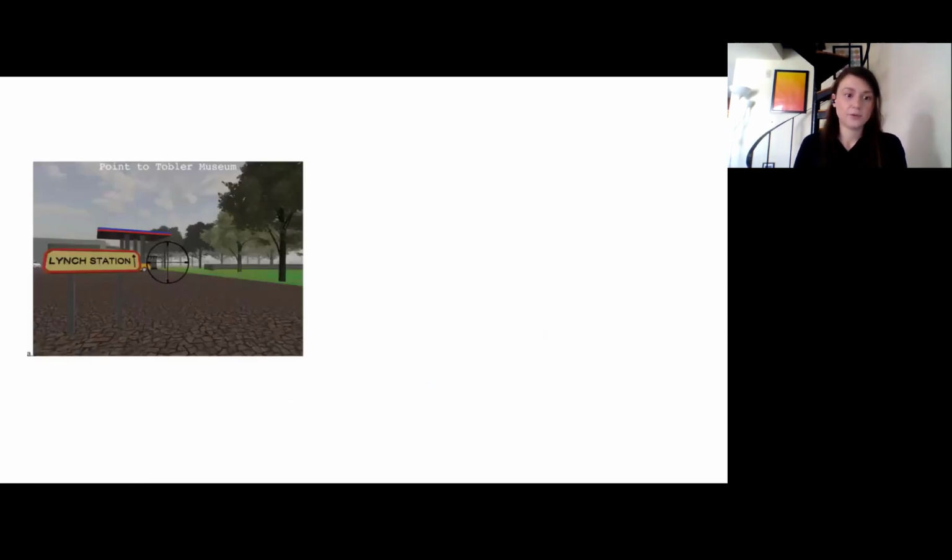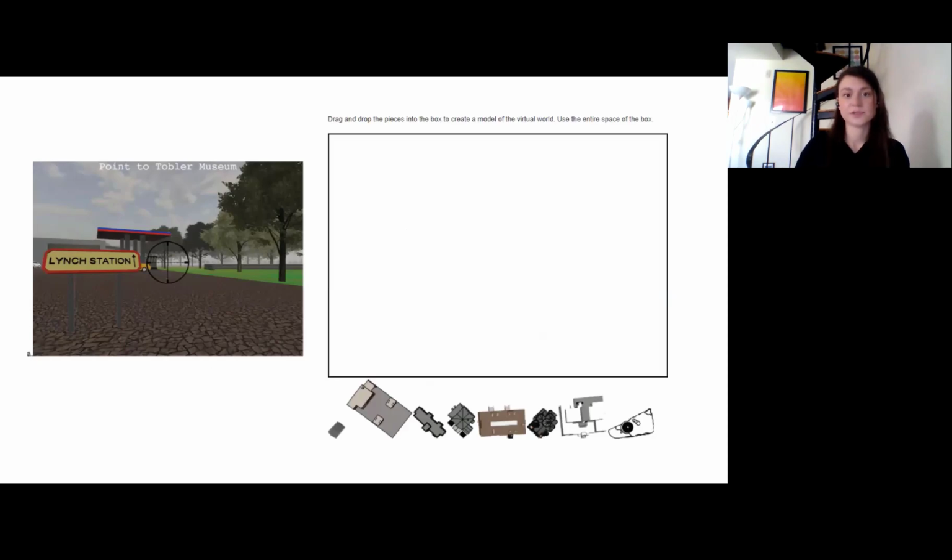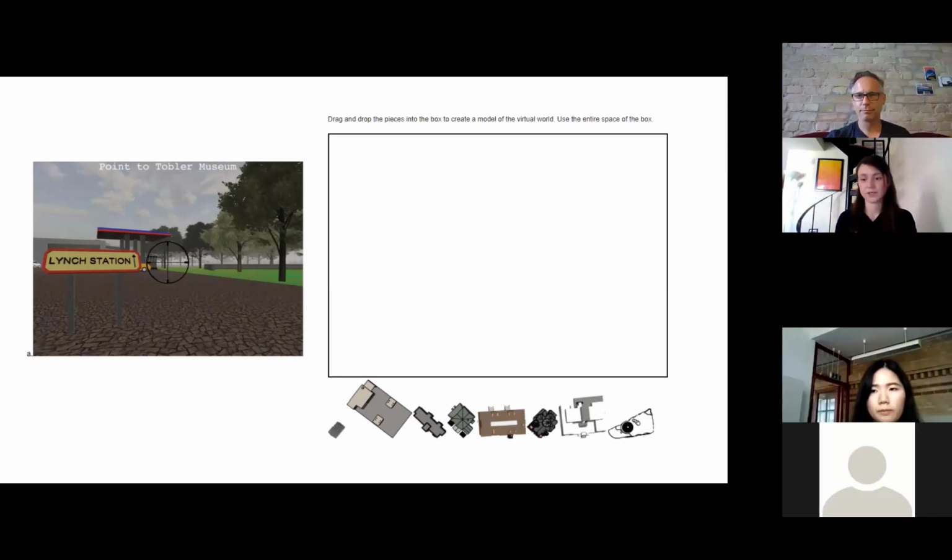And so now we had the same on-site pointing measure as in the first experiment, but instead of drawing paper maps, participants completed this drag and drop map building task. Each of these icons represents one of the buildings in the environment, and all participants had to do was move these buildings into the configuration that they think would build the correct map of the environment that they were navigating in.